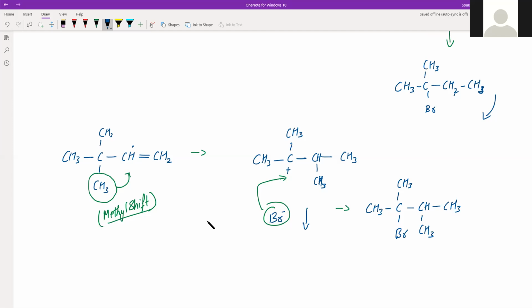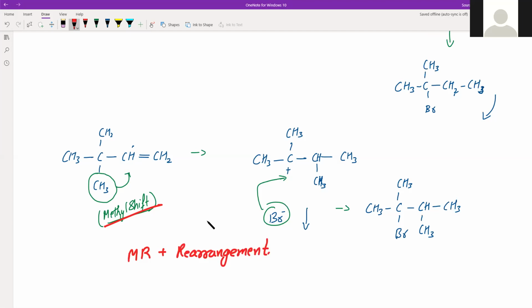Right? So this happens when there is a shift, either an alkyl shift or methyl shift. What we have actually seen here is Markovnikov's rule plus the rearrangement of carbocations. So that is also possible.